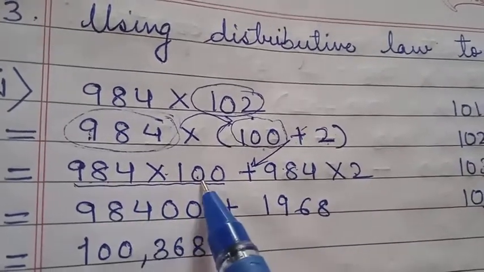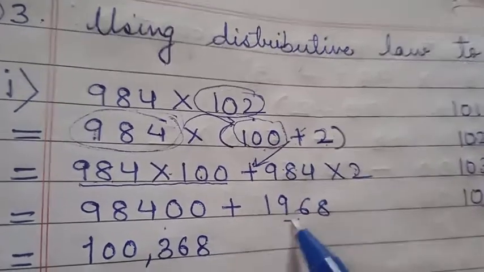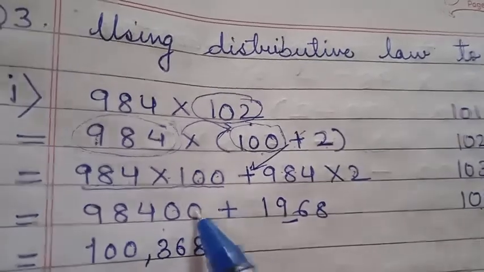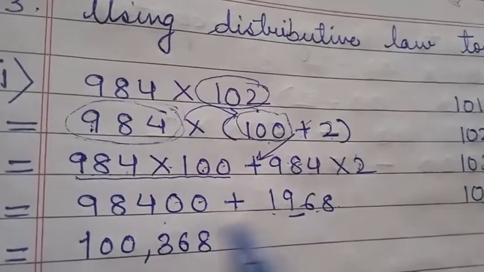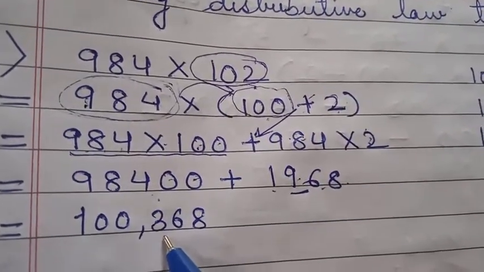So 984 multiplied by 100 gives this, and 984 multiplied by 2 gives this. 984 ones are 984, then the two zeros, 98,400, plus 984 twos are 1968, and if you add it you will get 100,368.